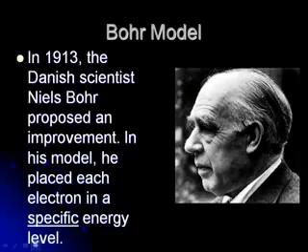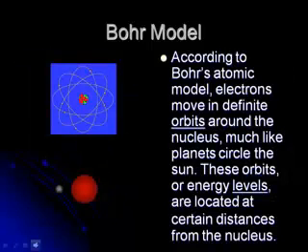Okay, so that brings us to Bohr. Basically what he did was start to look at what's going on with the electrons. Bohr's model said that these electrons are moving in orbits around the nucleus.